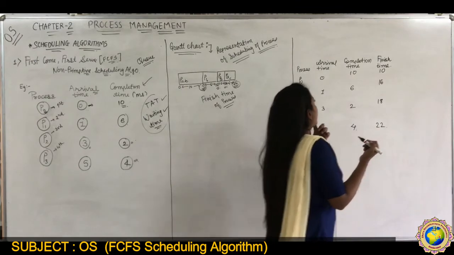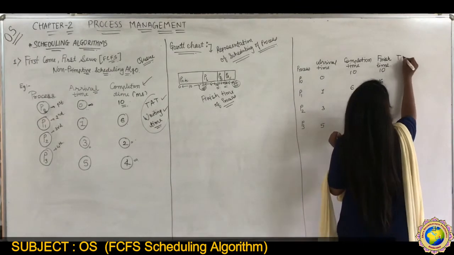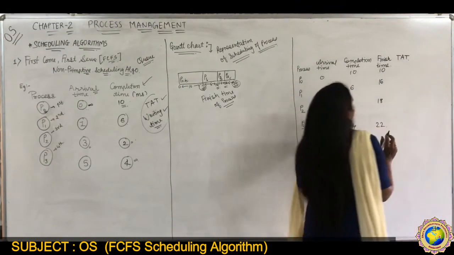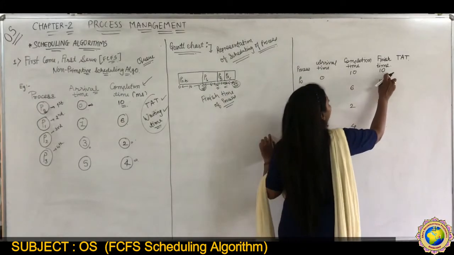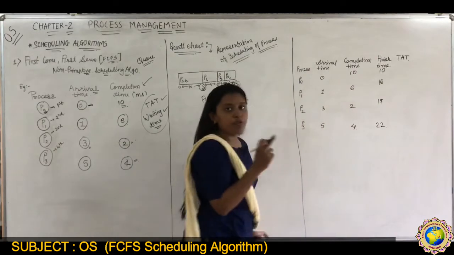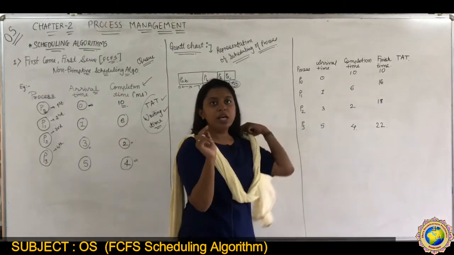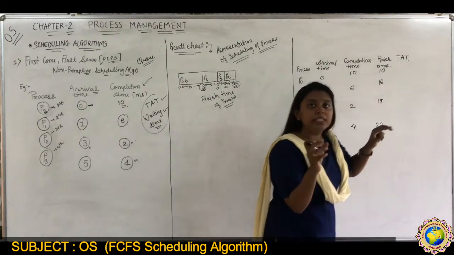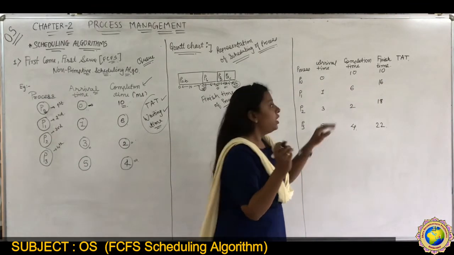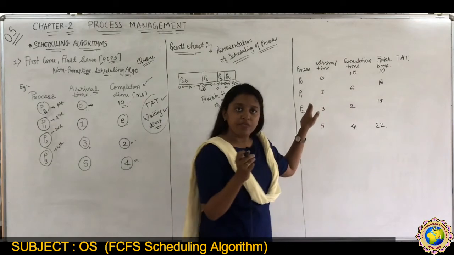Now we find the turnaround time. Turnaround time means finish time minus arrival time. We have already seen the meaning of turnaround time: the duration between the finish time and the arrival time.